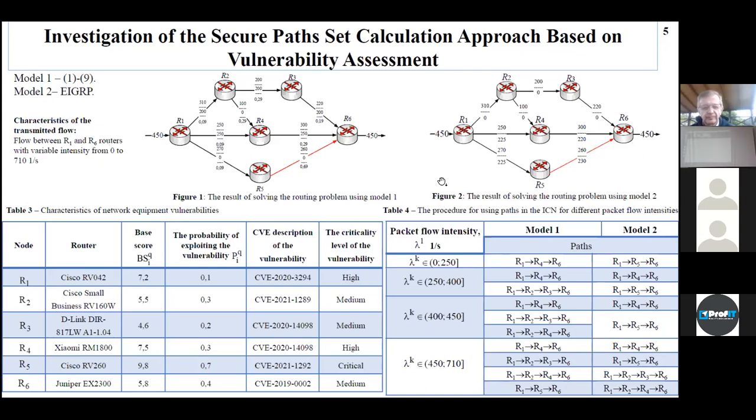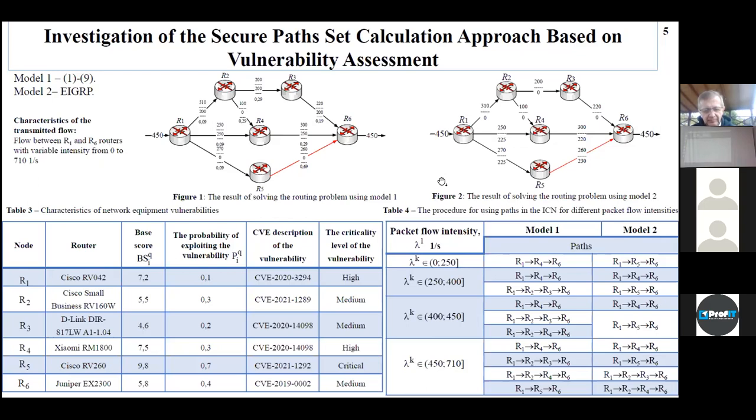As shown in figure 1, as a result of solving the routing problem using the proposed approach, the packet flow of intensity 450 was transmitted first by the router through R1, R4, R6, which contained the least vulnerable communication links. During congestion of this route, the rest of the flow was transmitted along the next vulnerable path. At the same time, it should be noted that the path which contained the most vulnerable communication links was not used at all.